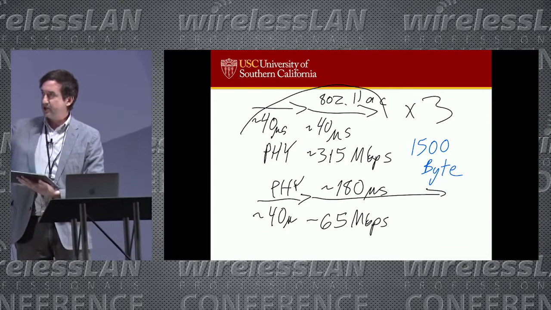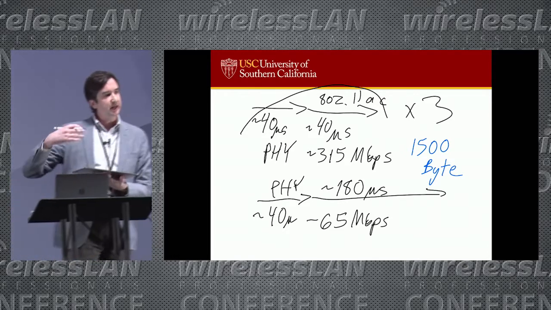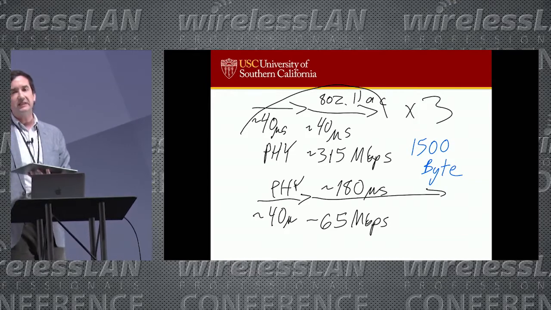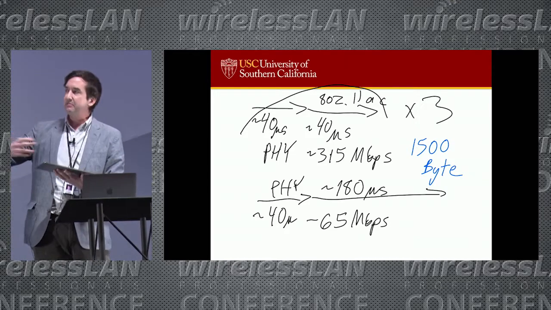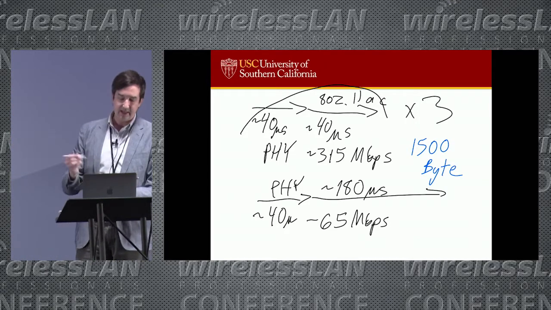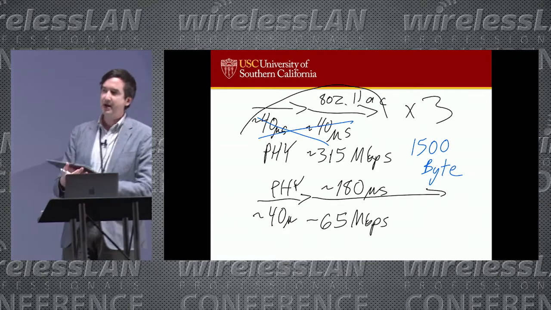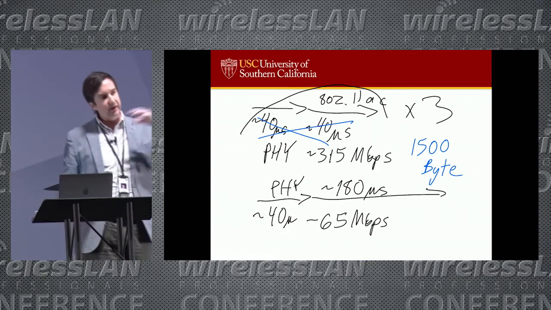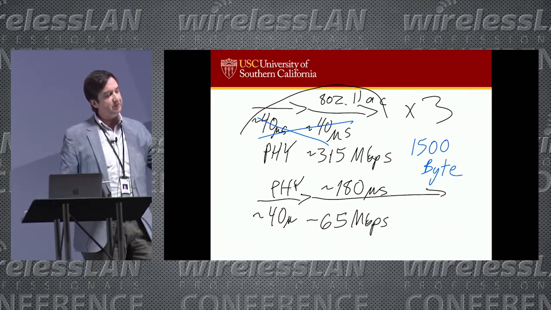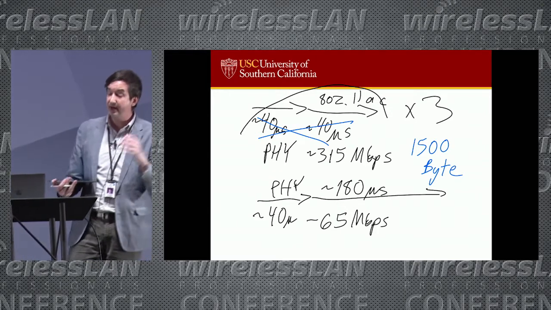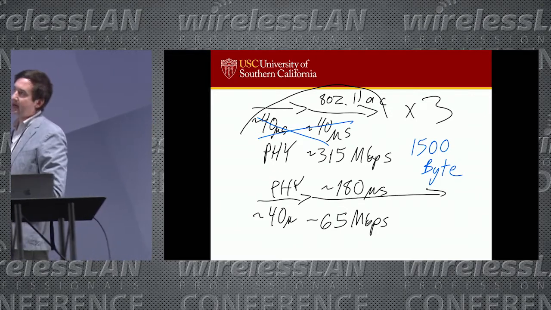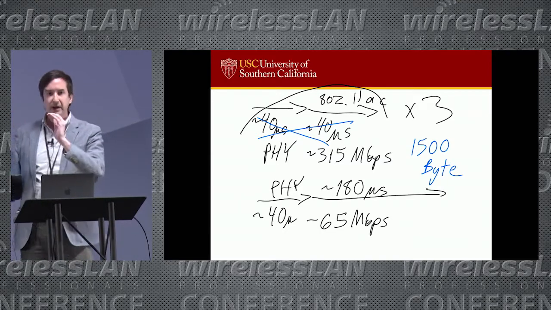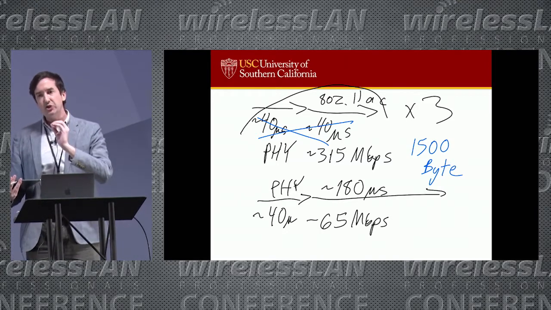If some of those 315 megabit per second frames are not received successfully, then the exact same frame has to be resent. Then that's a waste of your 80 microseconds, not even counting whatever CSMA/CA time then has to happen between the frames. That's an inefficient use of channel time, but you can't tell that in channel utilization.